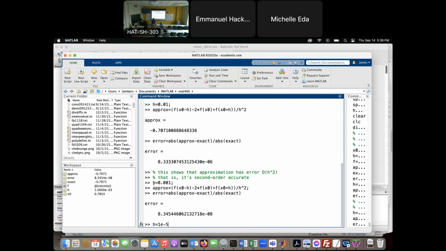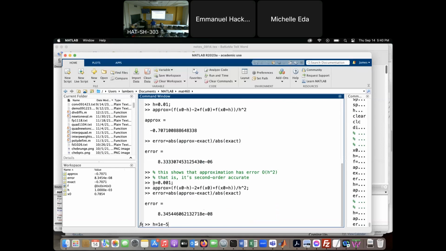Notice I changed the value of h, 0.001. It was right there on the screen. When you repeat the approximation, now look at the error: 10 to the minus 8.